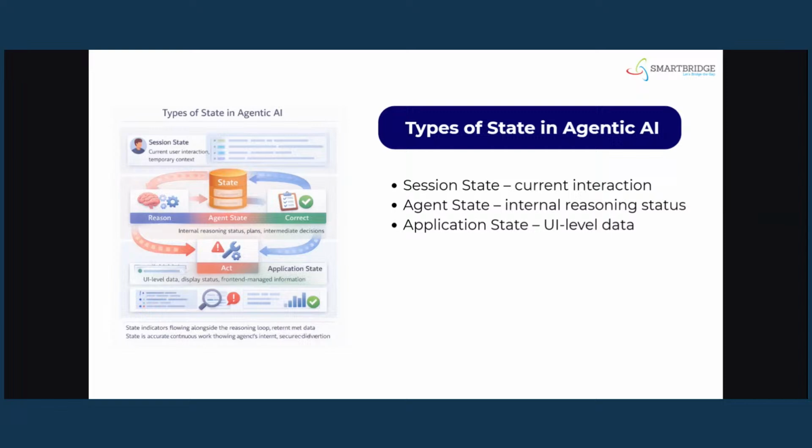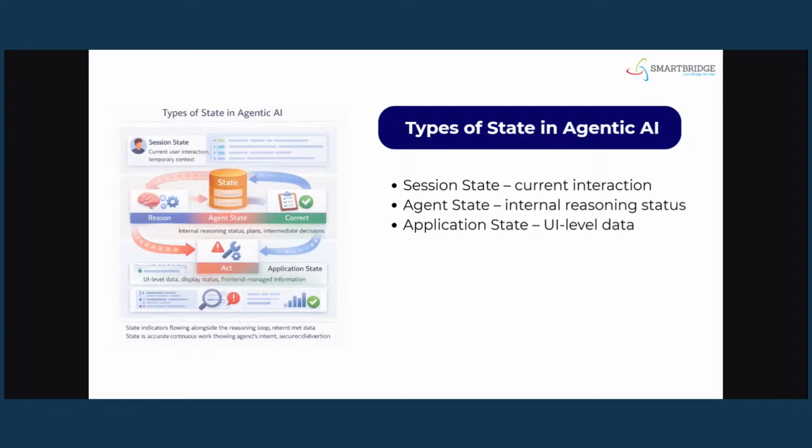So one type of state is session state. This is related to a single user interaction or a session. It helps the system remember what a user is currently doing, such as an ongoing conversation or an unfinished task.